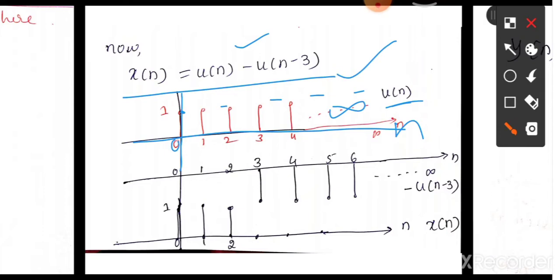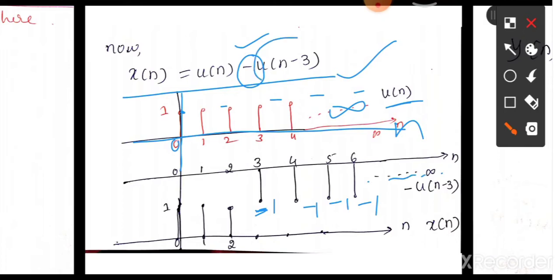And then next we have minus u of n minus 3. As I told you, the minus sign, take it on the negative side itself. While taking magnitude itself you take a negative, that is minus 1, this also minus 1, this also minus 1 magnitude. It continues up to infinity.